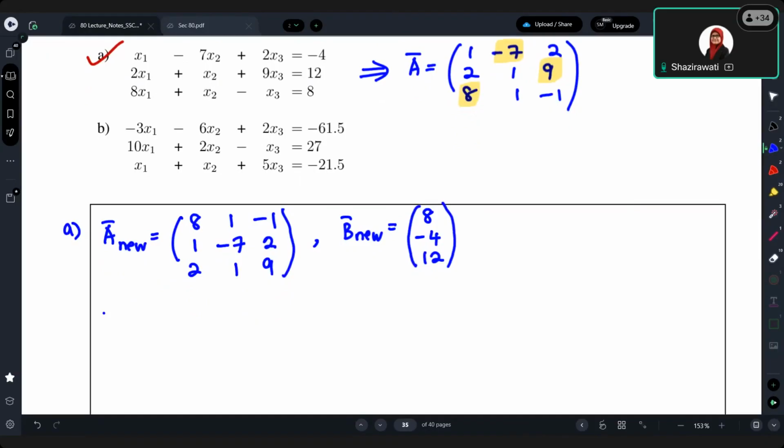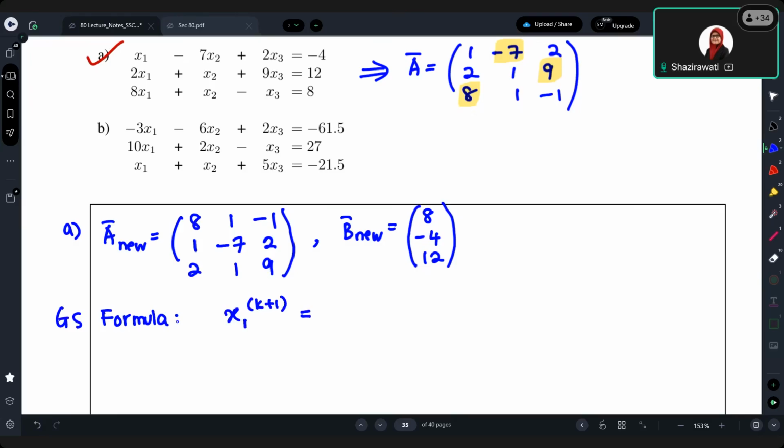Okay, the formula for Gauss-Seidel. Gauss-Seidel formula. Okay, X1 comes from K plus 1 dekat sini, iteration notation. So X1 comes from equation number 1.